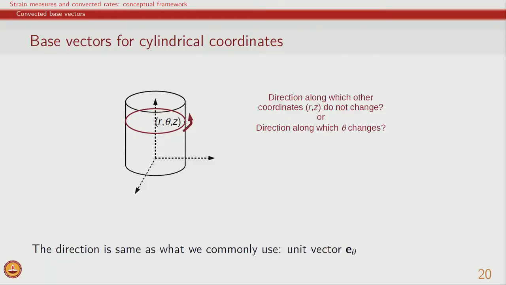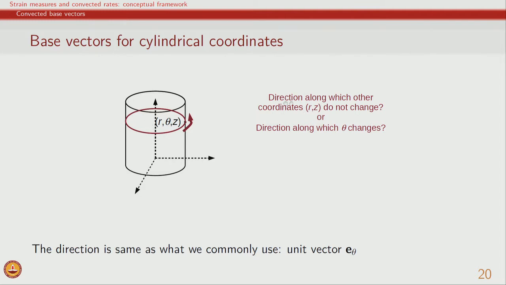So, in a cylindrical coordinate system we have a point which is r, theta, z. R is measured from the origin of the circular cross section, z is of course the distance in this direction, and theta is the orientation in the azimuthal direction.